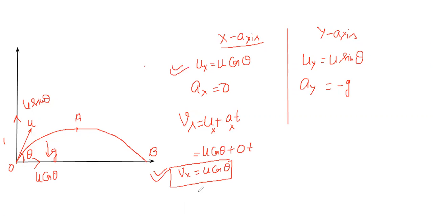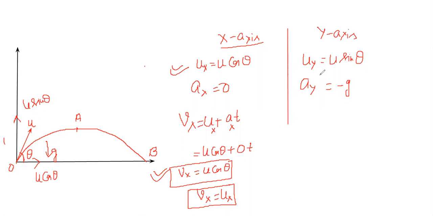This is a very important relation: in projectile motion there is no acceleration in the horizontal direction, so the velocity component in the x-axis is always equal at any point. So Vx equals ux. Clear? Get my point?